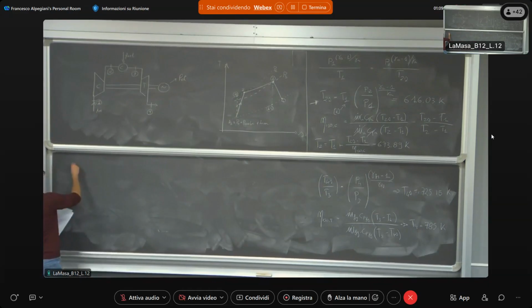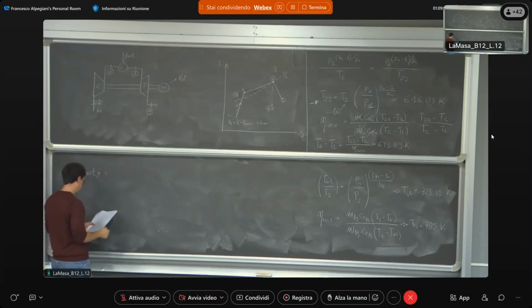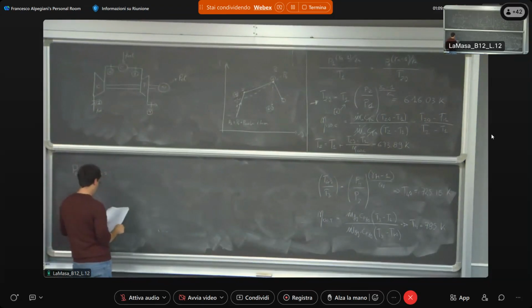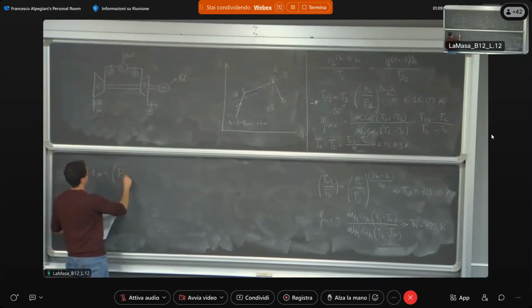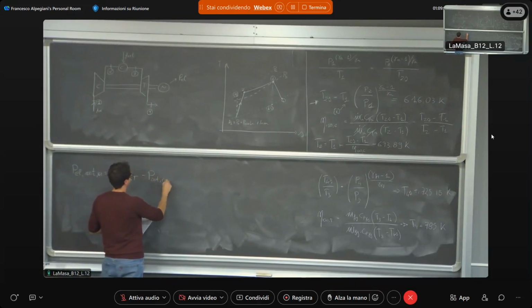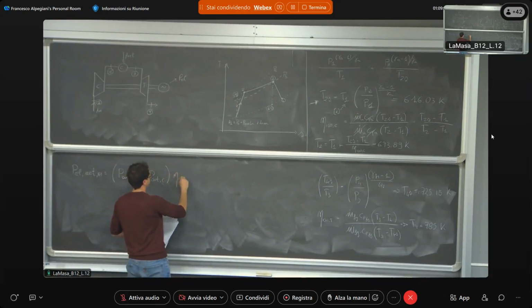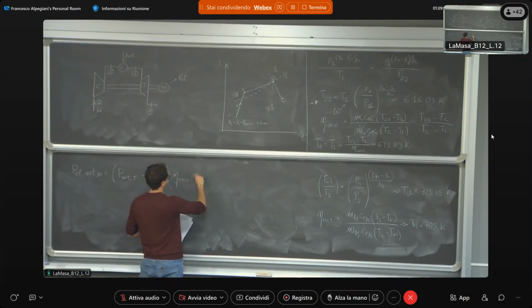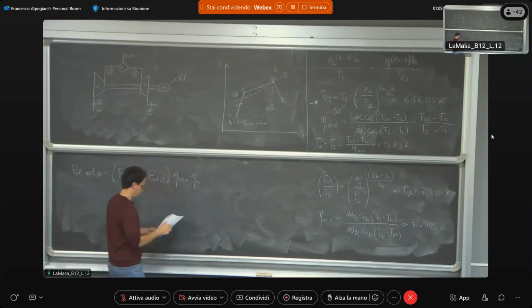So we can write that the net electric power output of the gas turbine will be the power output of the turbine minus the power output of the compressor, all multiplied by the mechanical efficiency and the electrical efficiency, which are given.